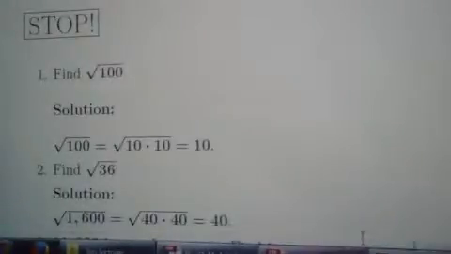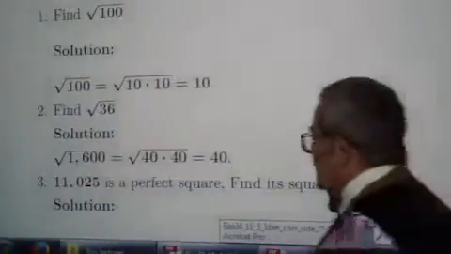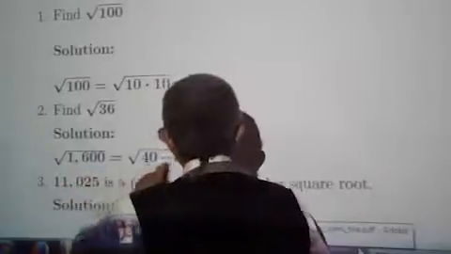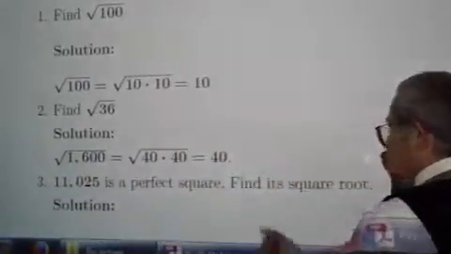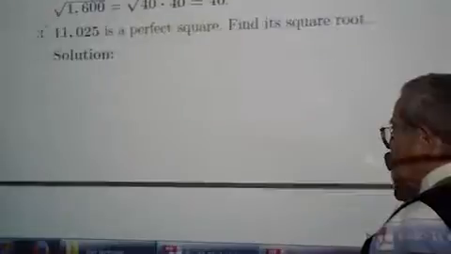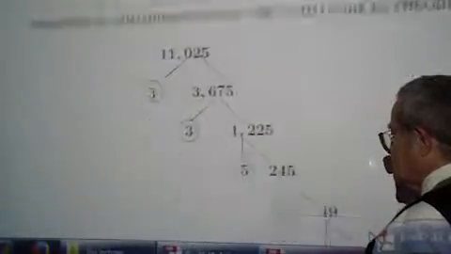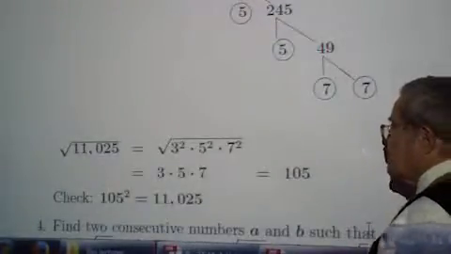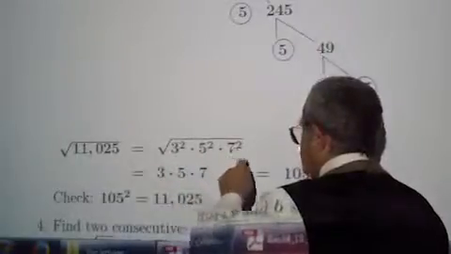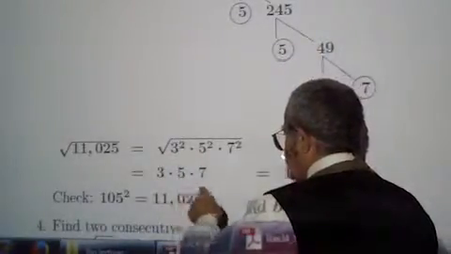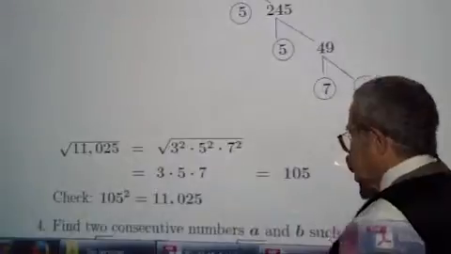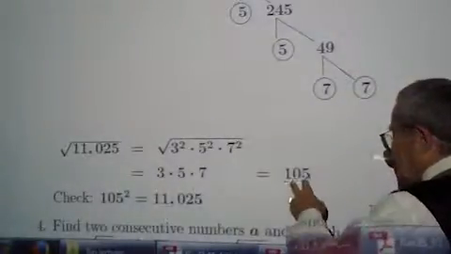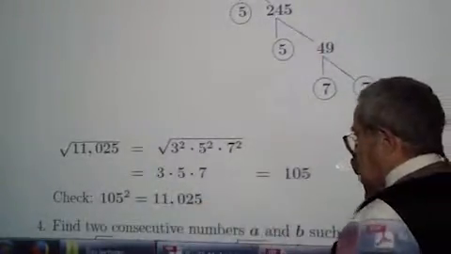And then the square root of 100 is 10. The square root of 1,600 is 40. The square root of 11,025: 11,025 is 3 squared times 5 squared times 7 squared. So 3 times 5 times 7 is 105, whose square is 11,025.